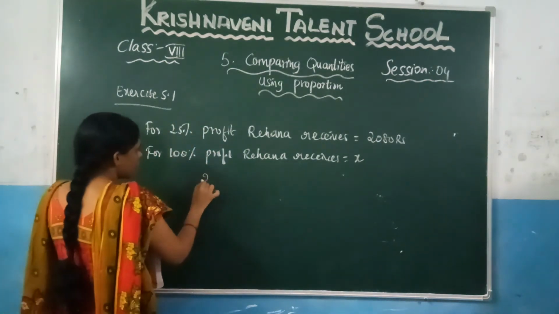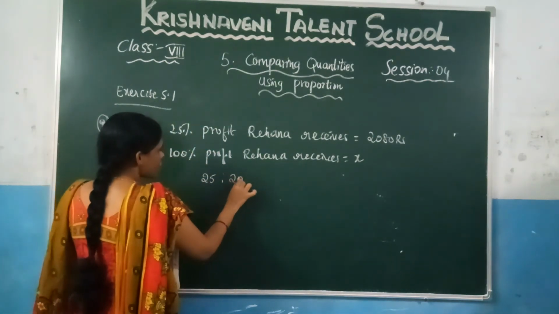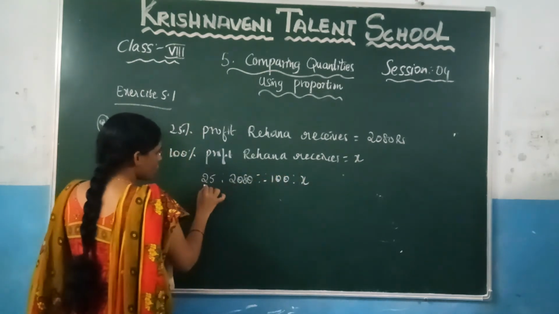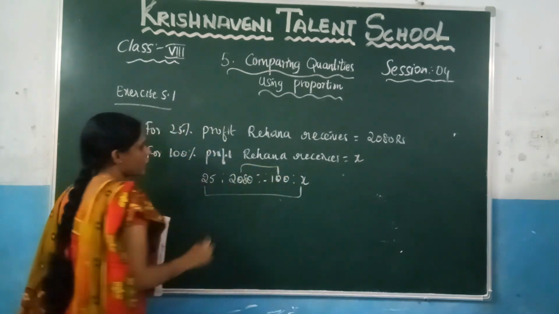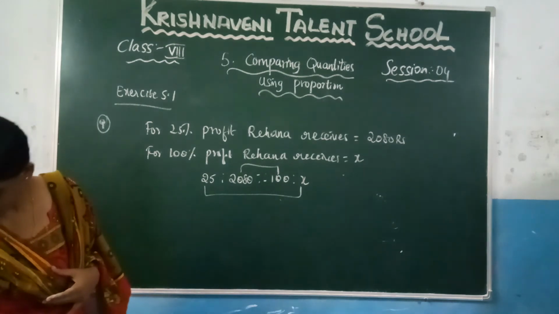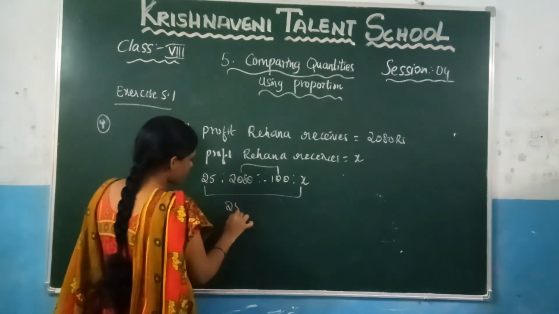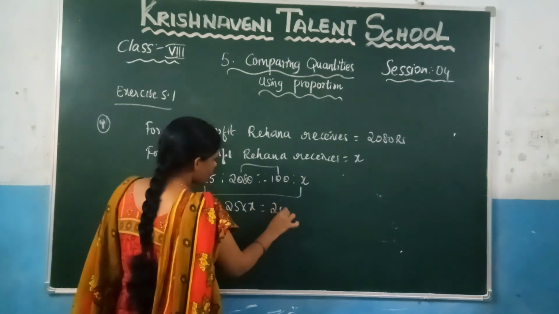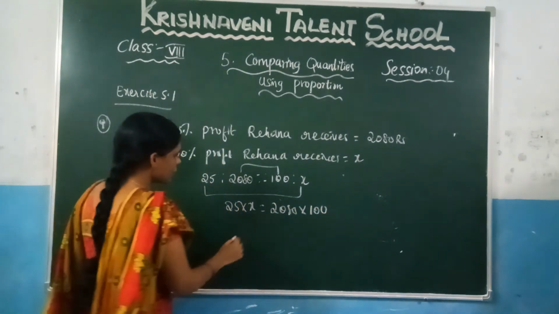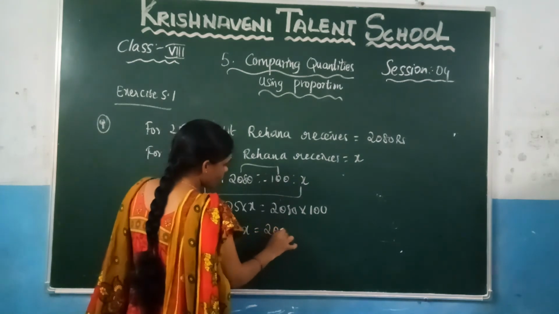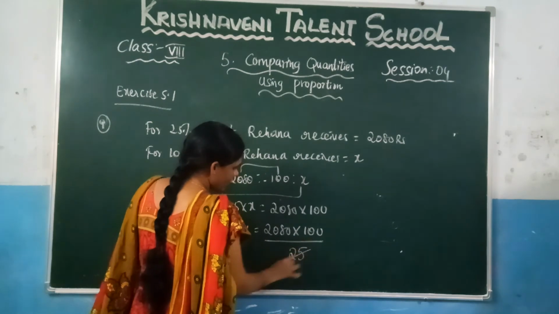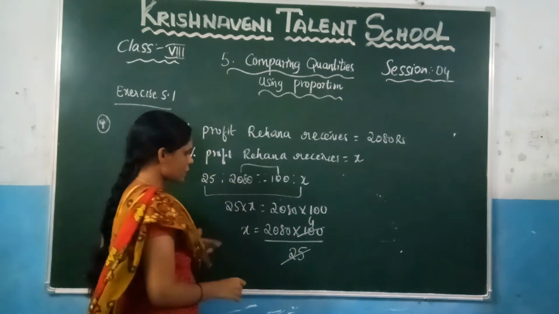Now clearly 25 and 2080, and 100 is to X, they are in proportion. So you can consider that the product of the extremes is equal to the product of the means. So let us write it here. 25 into X is equal to 2080 into 100. Take this 25 to that side, it will become X is equal to 2080 into 100 by 25. 25 ones, 25 fours will get cancelled, just multiply.